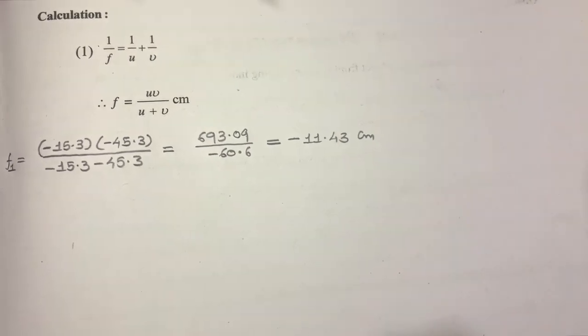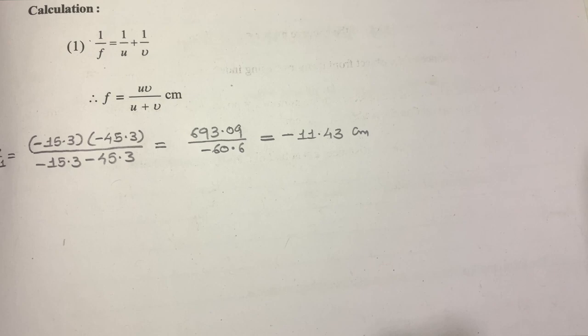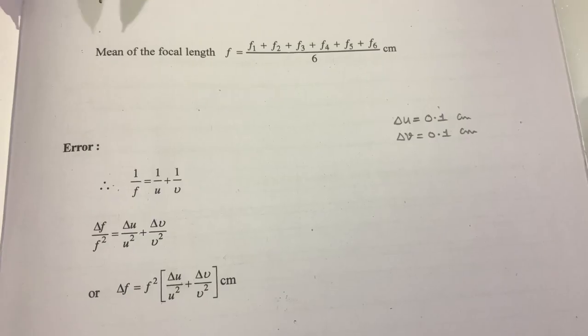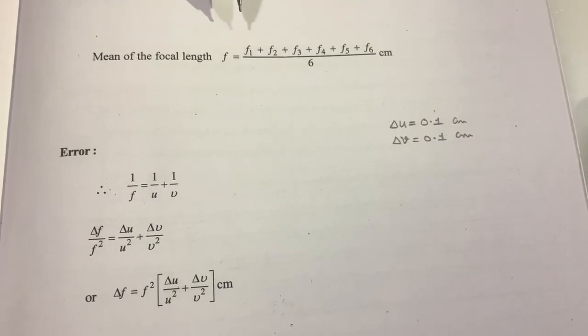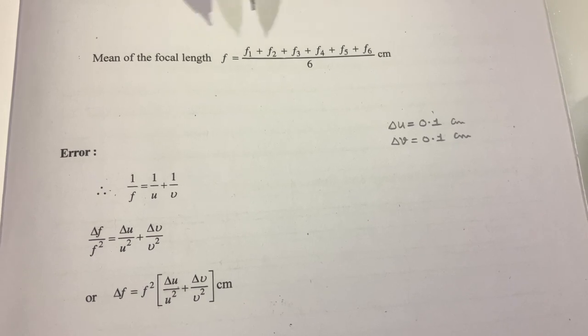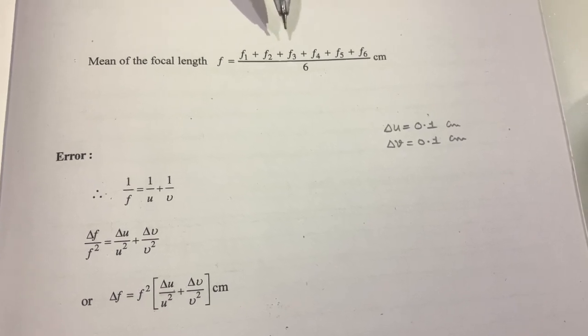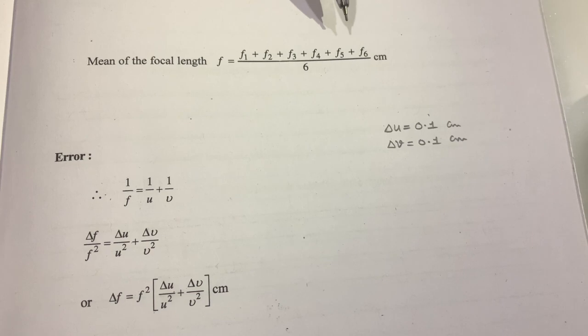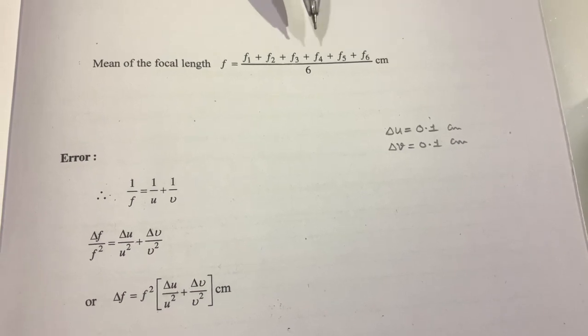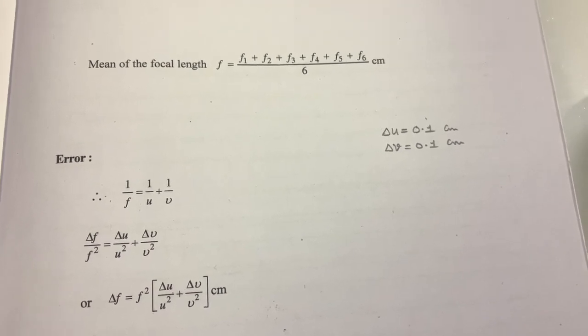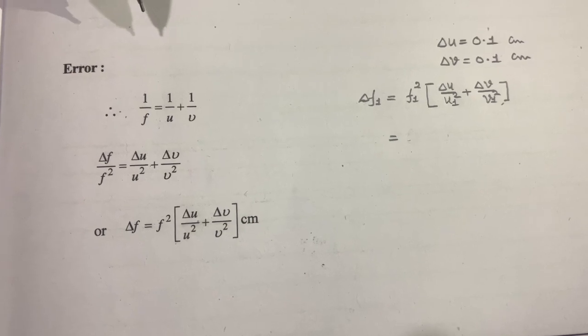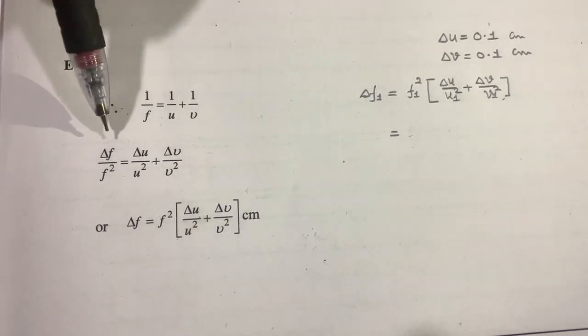Now for another 5 observations, calculate the focal length. Now take mean of the focal length using this equation: f equal to f1 plus f2 plus f3 plus f4 plus f5 plus f6 by 6. Now to calculate the error, use this equation.